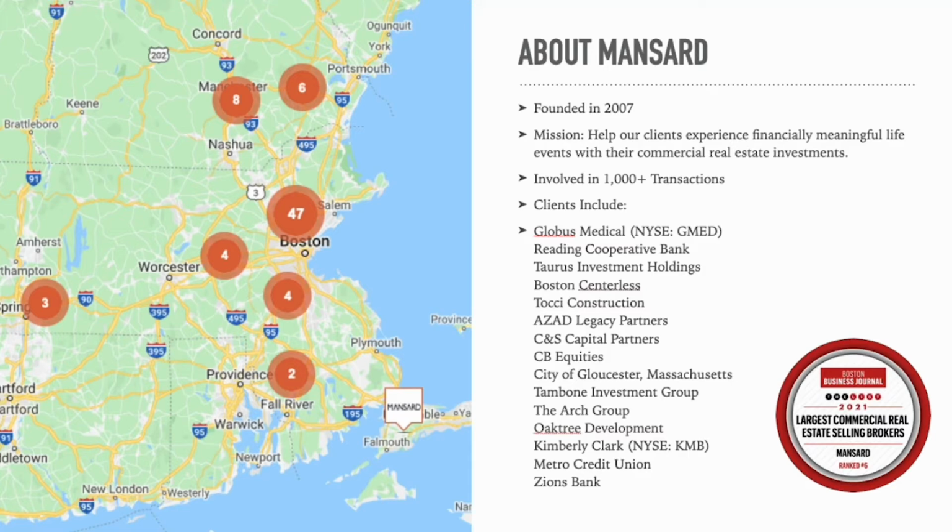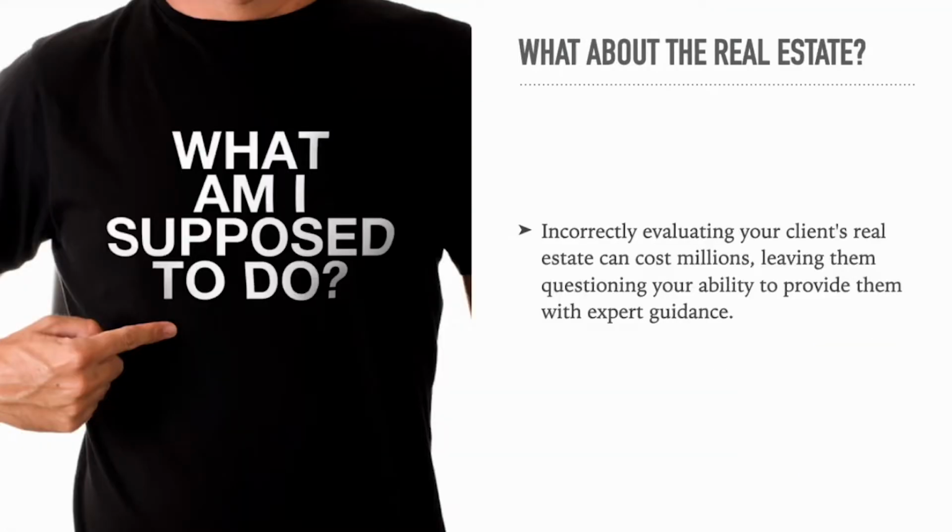So basically, where we want to start here is making sure that you're approaching the real estate from the real estate practitioner's perspective and how we look at the real estate. The business oftentimes is the tool that we're using to capitalize the real estate. So how are we approaching this?